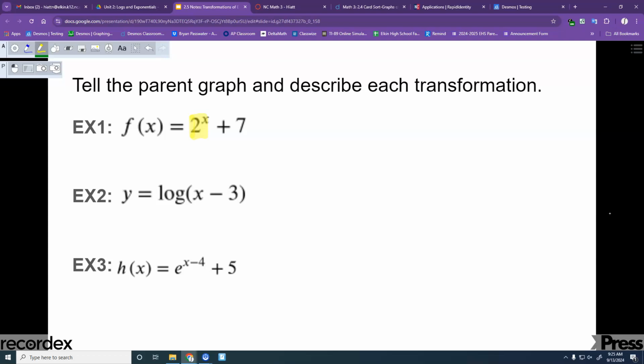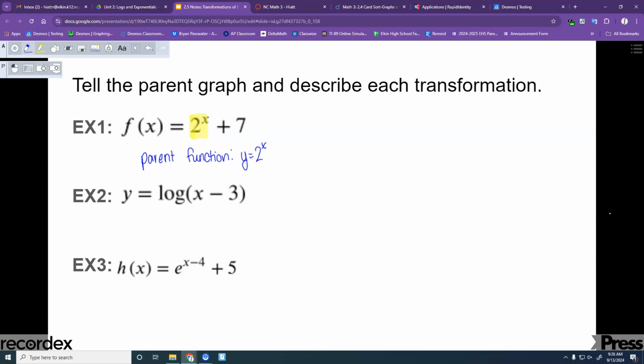That 2 doesn't do anything to the graph. That's your parent function. So the parent function here would be y equals 2 to the x power. That's the exponential that you're starting with for these.